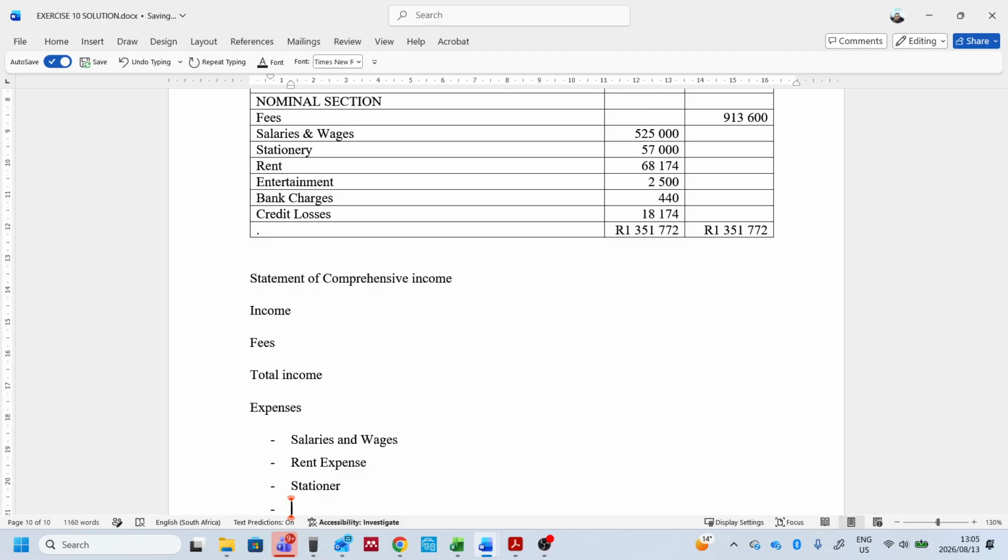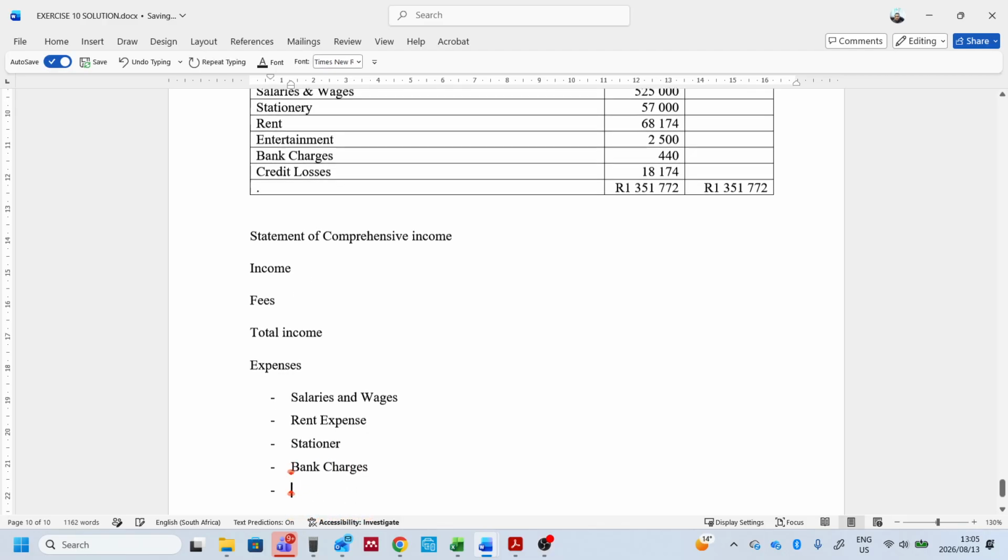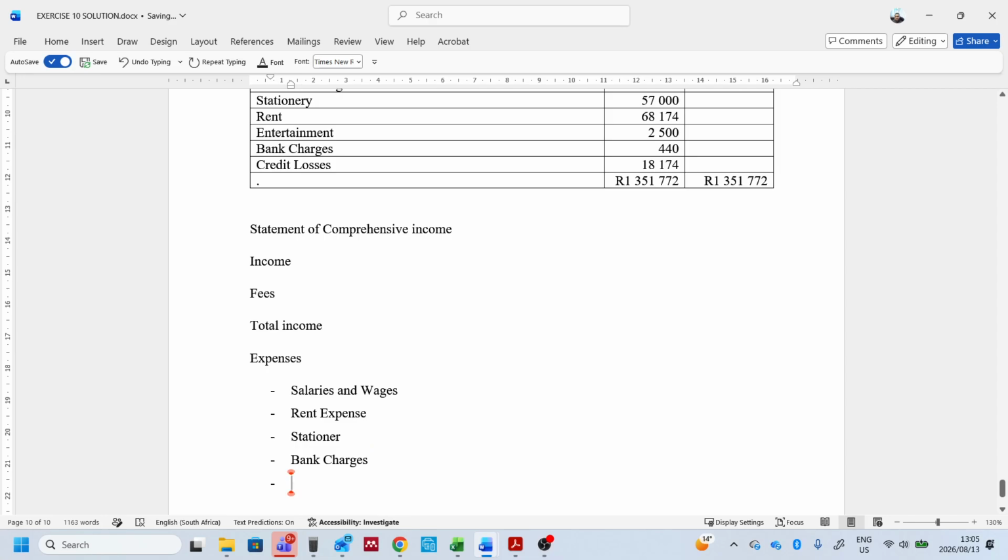We also have bank charges. What other expense did we pay for? On your cash book payments, what were the expenses? Oh, we also have got credit losses, which is on the general journal. What other expense do you have? What other expense?